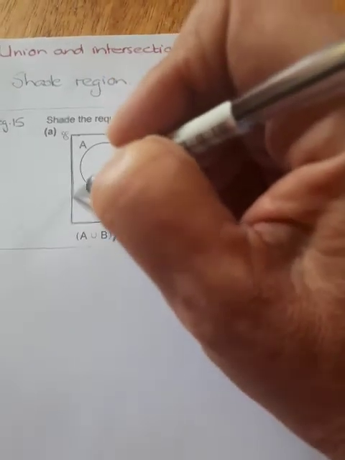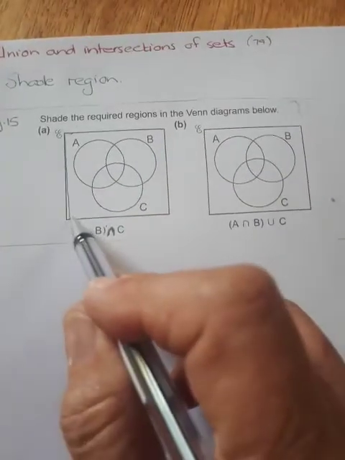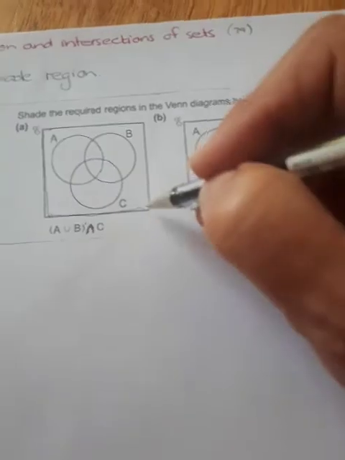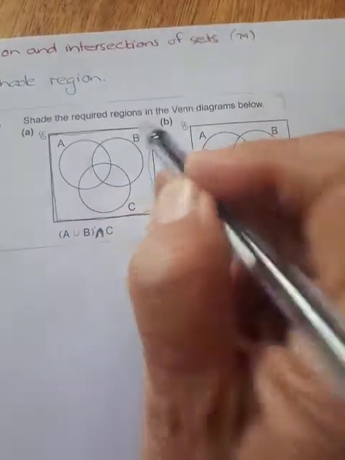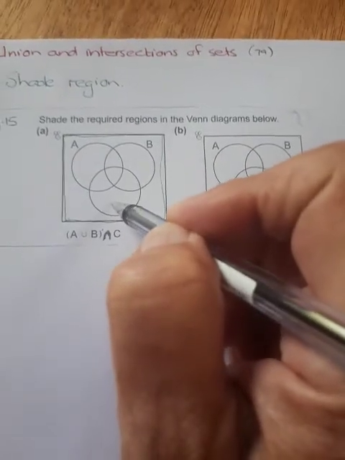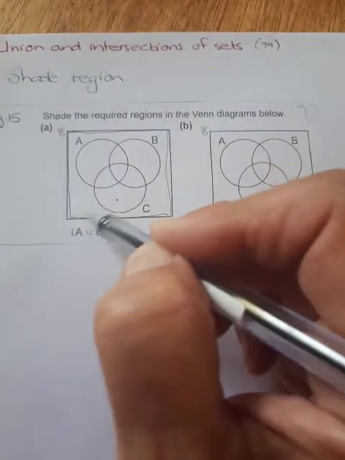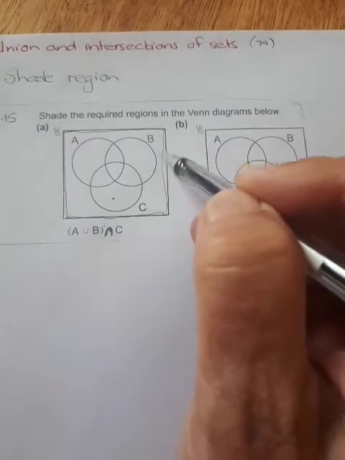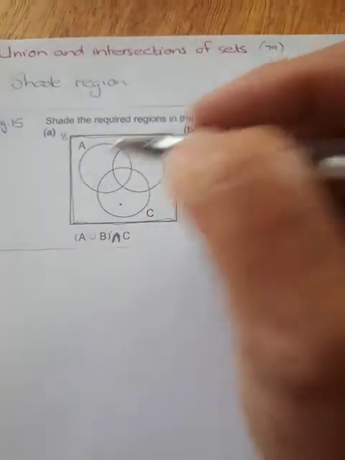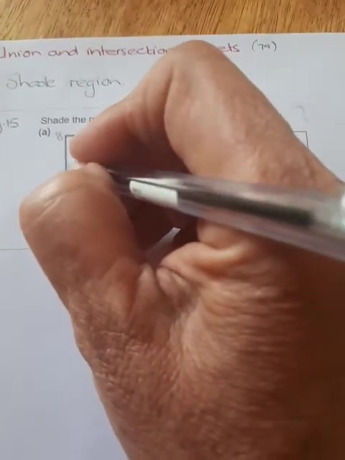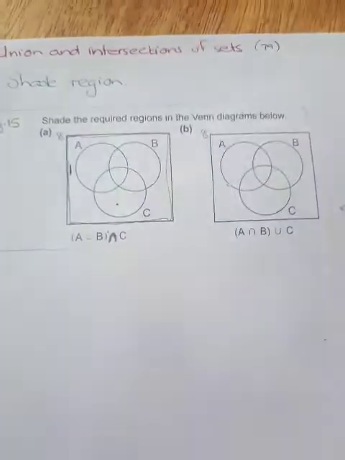Again we start with the region inside the rectangle but outside the circles. All of this, which I colored green, is region 1.